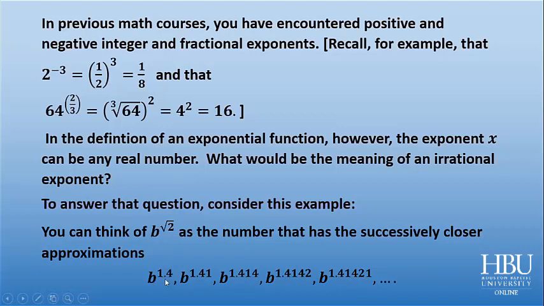B to the 1.4, B to the 1.41, B to the 1.414, and so forth. Those values of the base b raised to these rational decimal exponents, as the decimal approximation becomes closer and closer to the square root of 2, that limiting value can be thought of as what we mean by b raised to the power square root of 2.